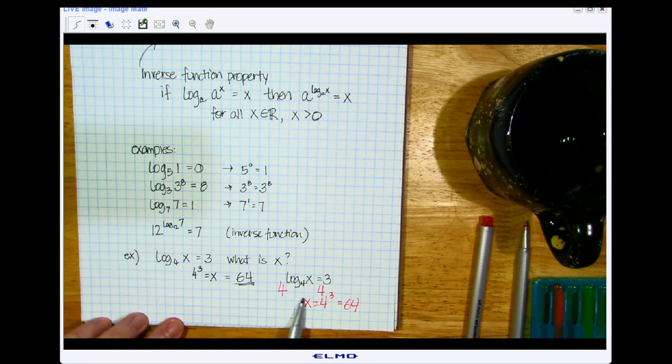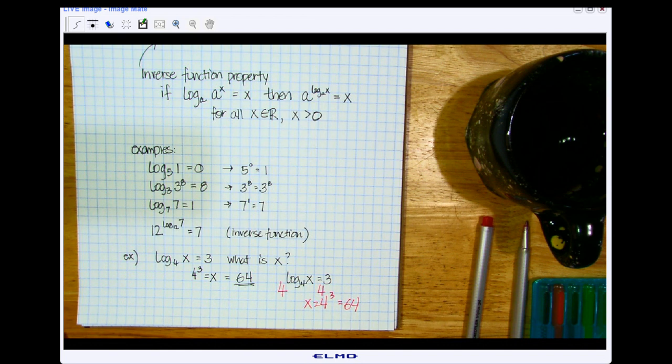You can get this answer either way. The first way uses your definition of a log, and the second way uses that inverse function. If 4 is my base, I'm just going to put each of these on a base of 4, which I can do because if they're equal, then when I raise them to the same power, they're still going to be equal.